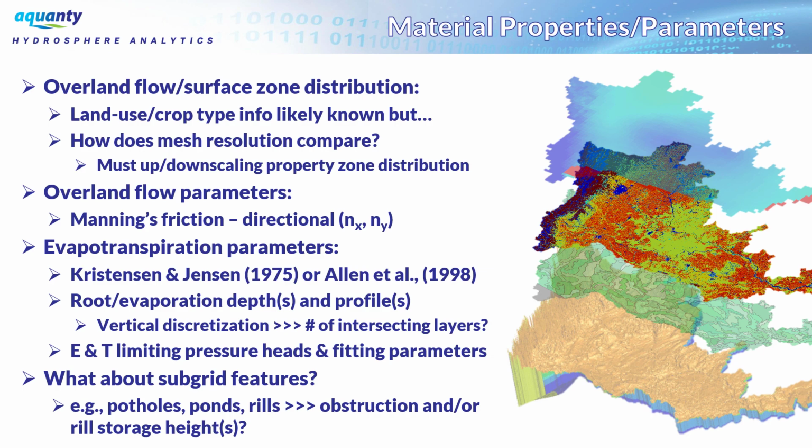Is it possible to represent these as subgrid features using something like obstruction and/or rill storage heights? This is something that we commonly do at Aquanti since we tend to work at very large watershed scales. It's simply not possible to resolve every single pothole and pond in the topography of the model itself. So these can be really helpful features for representing those subgrid features.